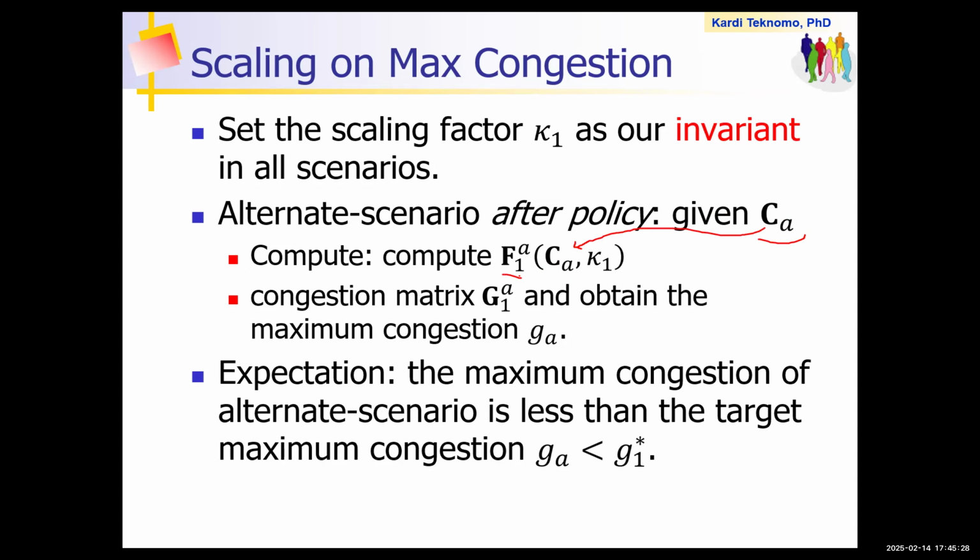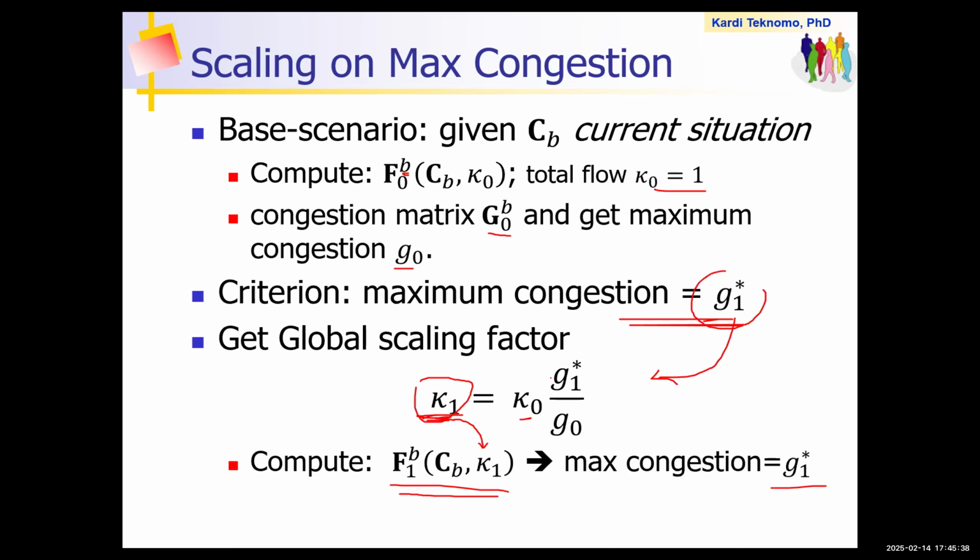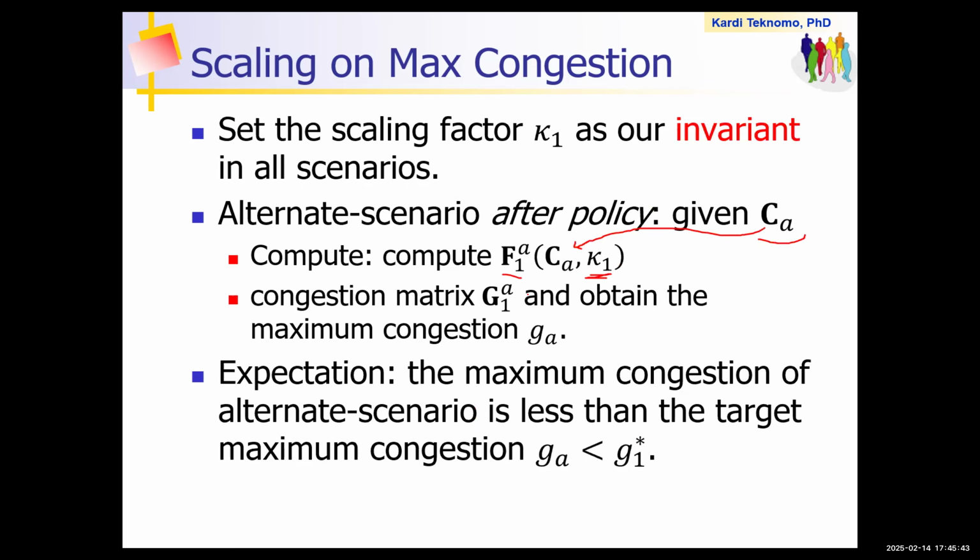But what is the basis of my new flow? This is the most important part. The basis of the new flow must be the same as the base scenario, K1. Why? Because you don't change the demand, so they must have the same demand.